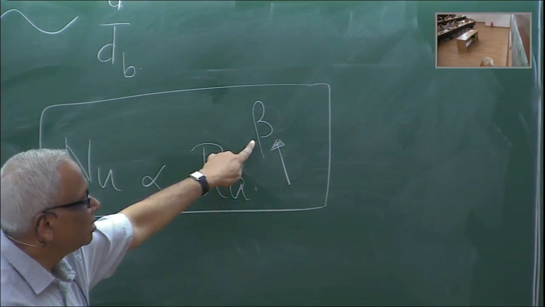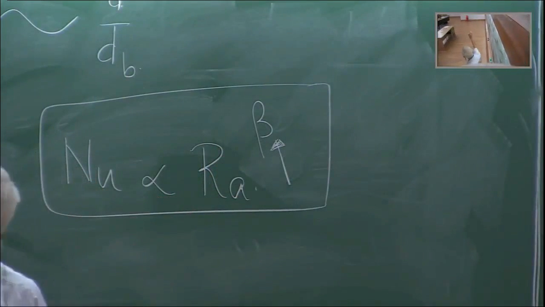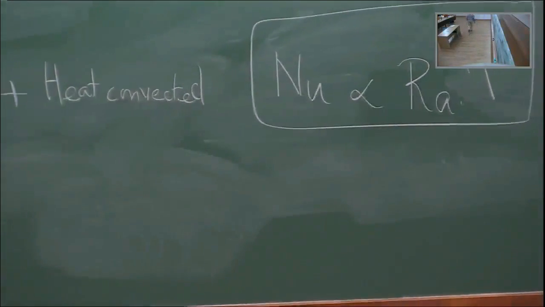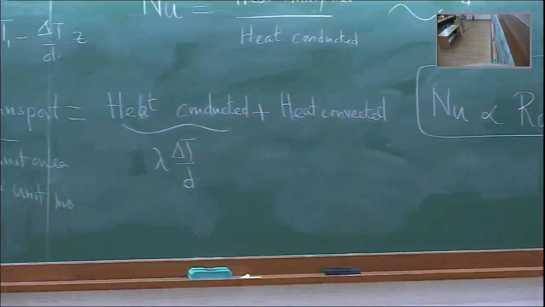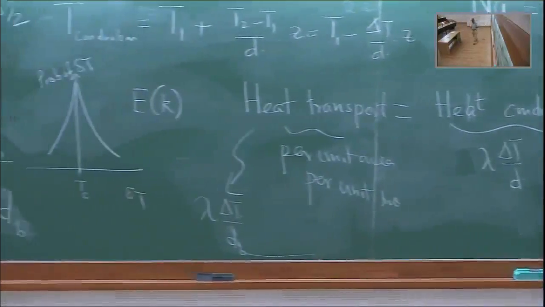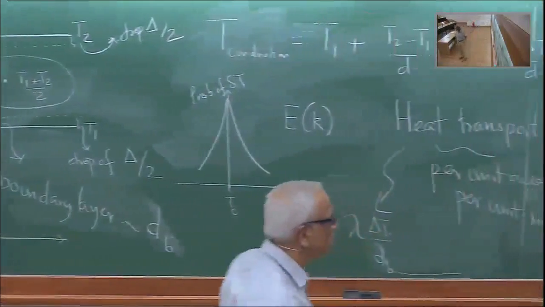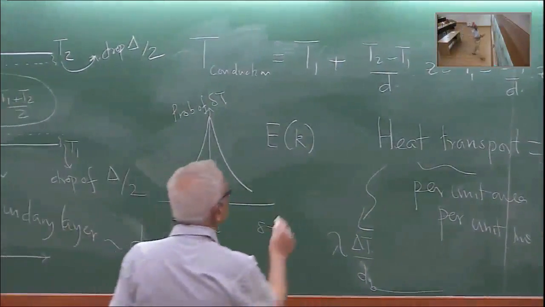So this is the feature which you did not have in the kind of problems that we were discussing over the last 2 days, that there is this Nusselt number, and that has a scaling law. As you increase the Rayleigh number, the amount of heat transport increases, and that does so in a characteristic fashion. So we would be therefore interested in two things.